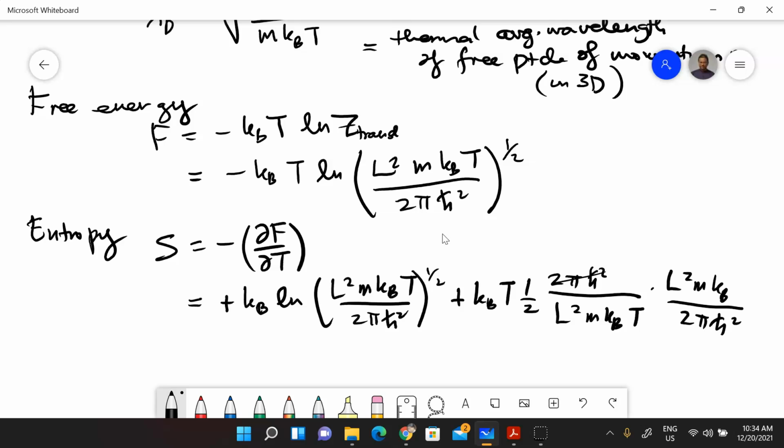So you can see this part cancels with that, and this part cancels with that. You're left with a factor of half here, so I can bring the factor of half outside and pull out the common factor of half.